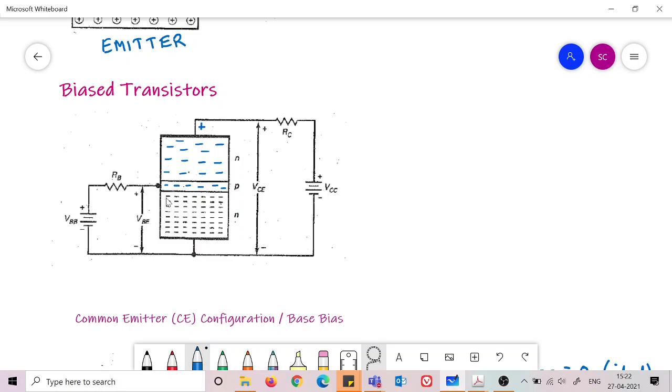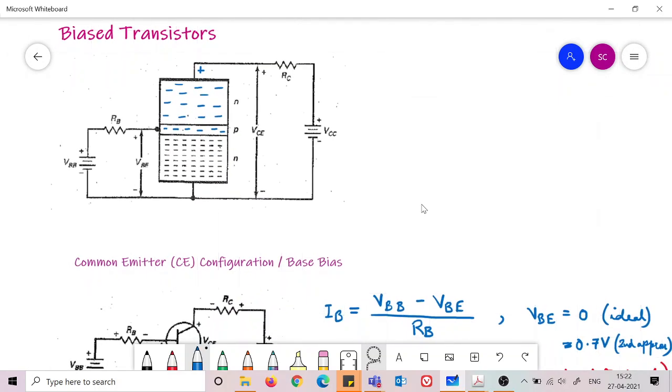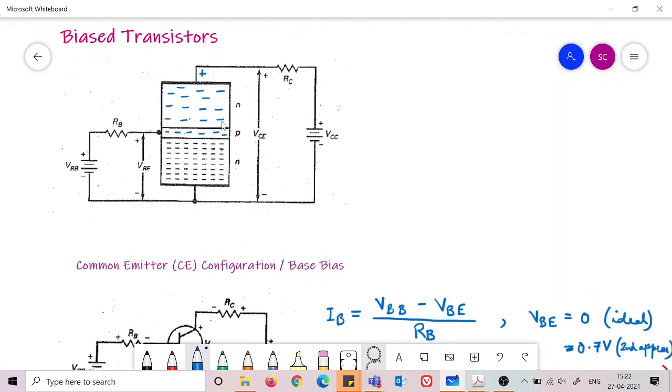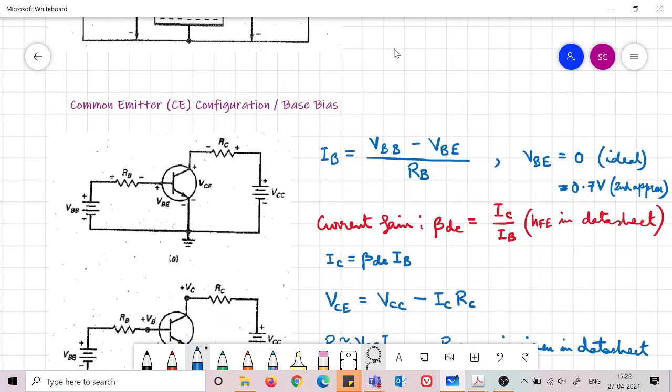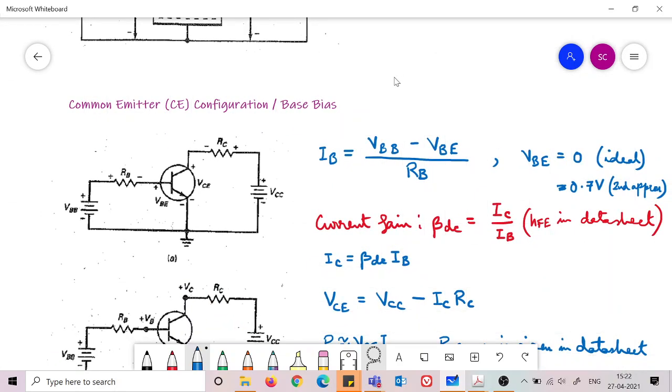This forward biasing of the base and reverse biasing of the collector can be done in several different ways, or I should say the biasing of the junctions can be done in several different configurations. So we would learn one configuration after another. There are actually three types of configuration.